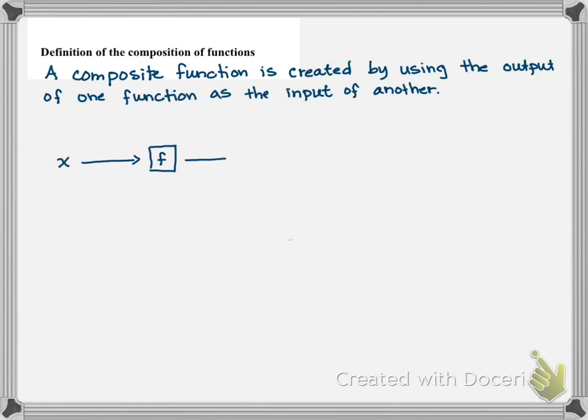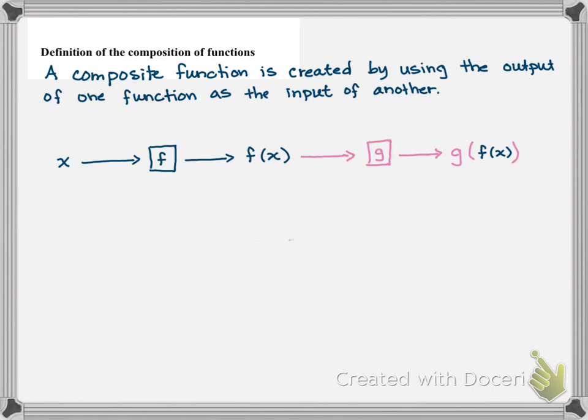The output of that is going to be f of x. And then we're going to take that and plug it into a second function we'll call g. And the output of that is going to be g of whatever the input was. So g of f of x.